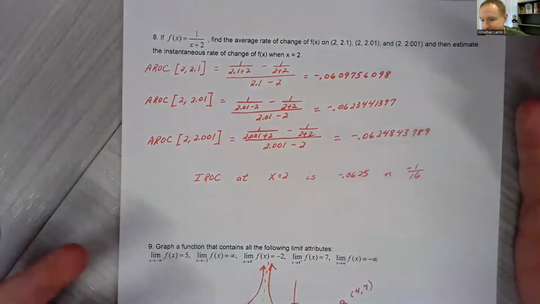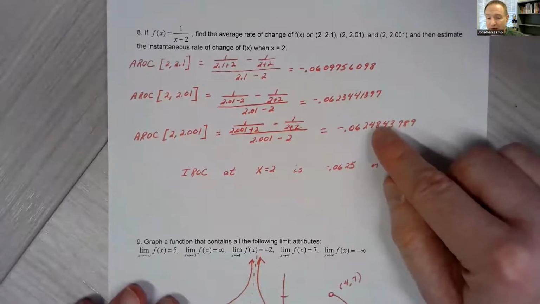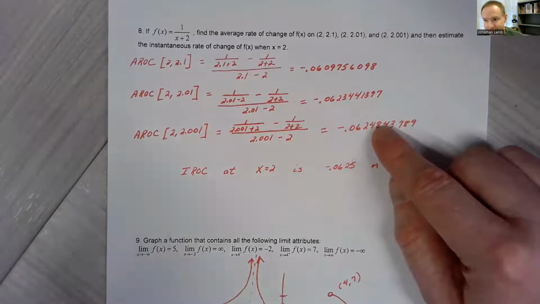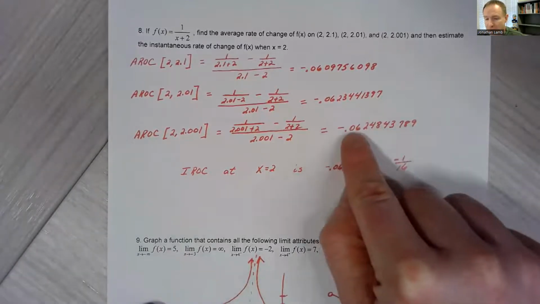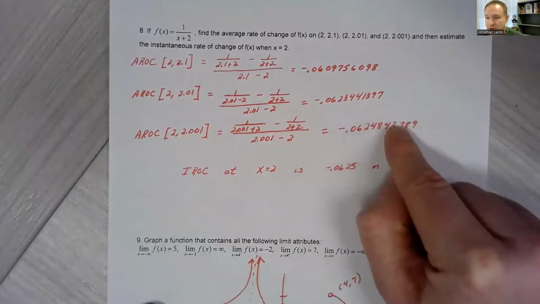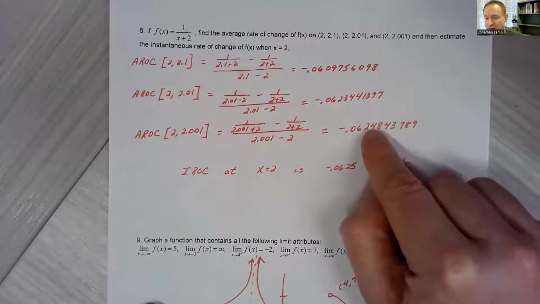Now, if you were working this problem, and let's say you guessed negative 0.06249, I'd be okay with that. I would not be okay if you guessed this exact value right here, because that is an average rate of change, not an instantaneous rate of change. The instantaneous rate of change is going to continually get a little bit less than this.